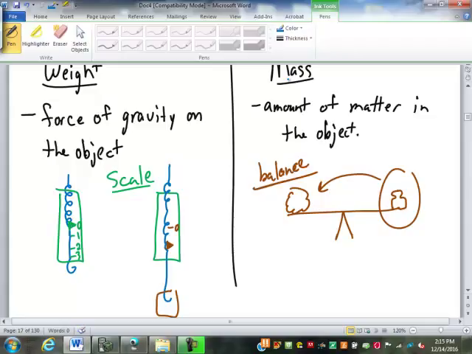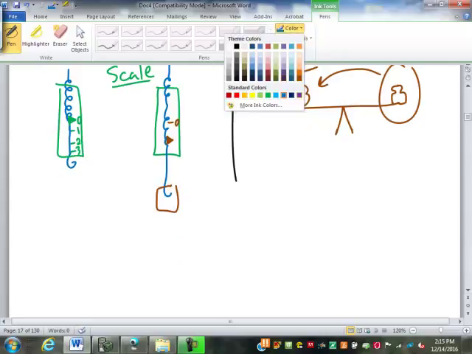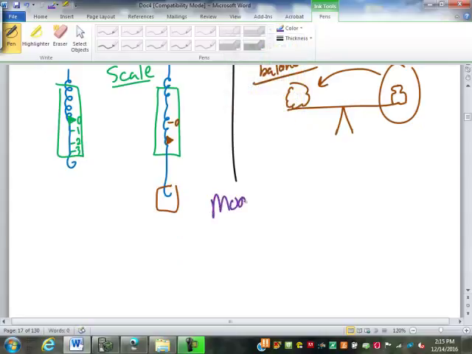What's the difference? Well, the difference is if we go to the moon. On the moon, gravity is 1/6 of what it is on Earth. So on the moon, this would stretch about 1/6 as much. So it'd be indicating like this. The spring isn't going to stretch as far because there's less force, so indicating a lower weight.